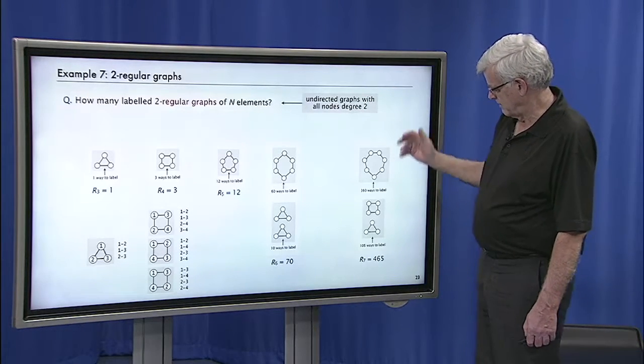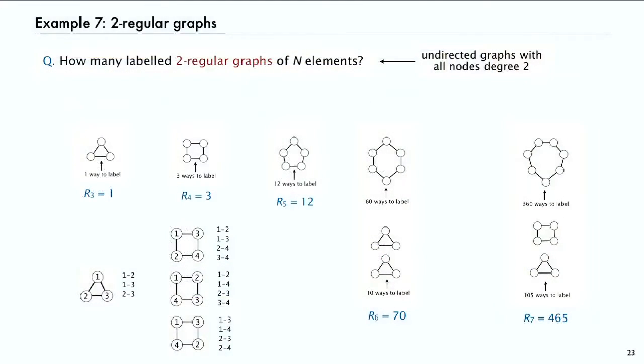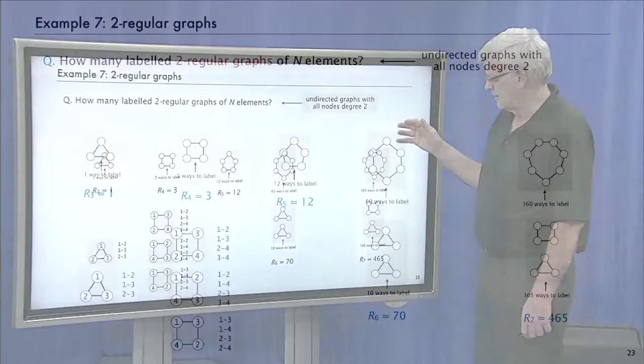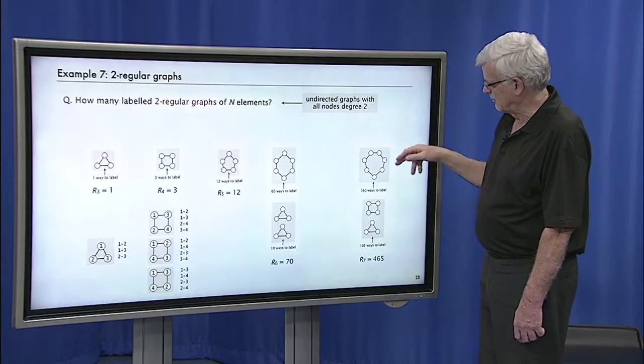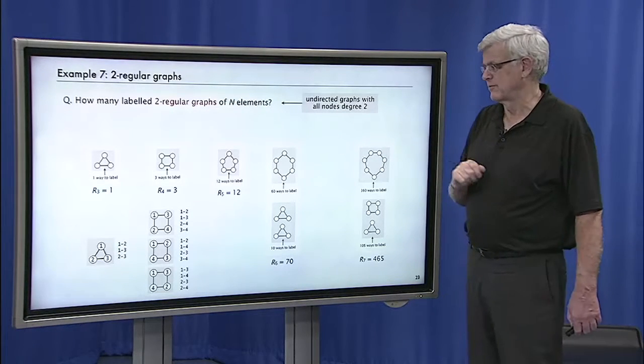And for 7 nodes, there's 465. And as we get more, we can have different combinations of the little ones. So it's a set of subgraphs, of components of this type, and then (k-1) factorial over 2 ways to label it if there's k of them.